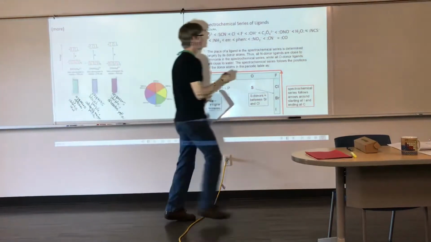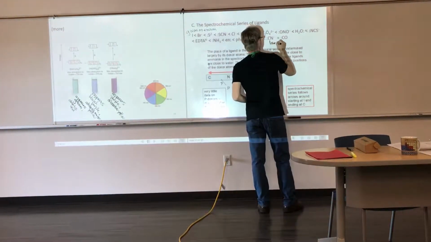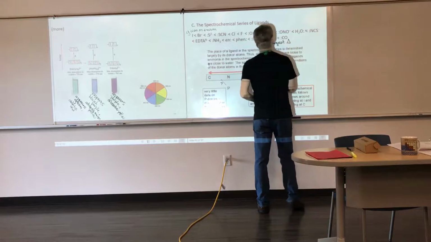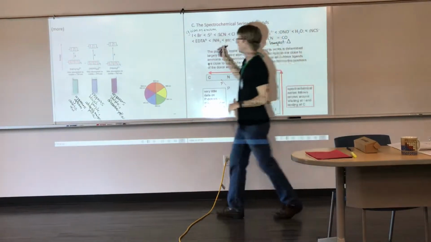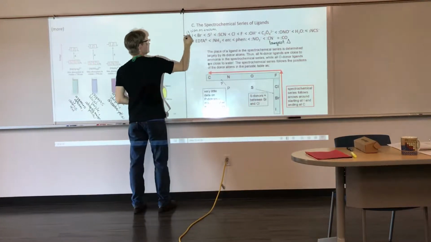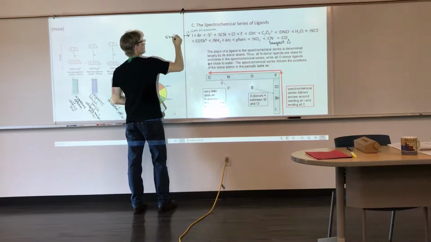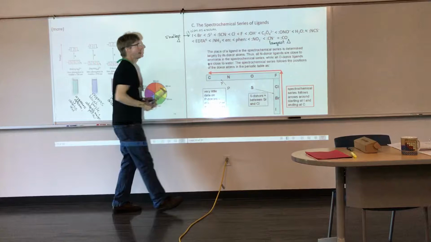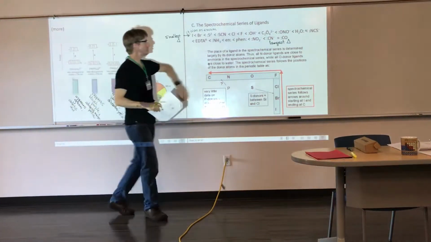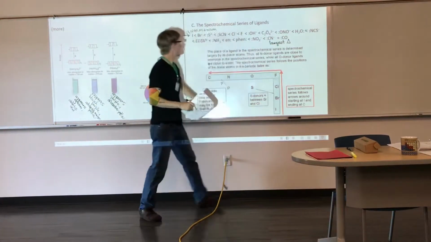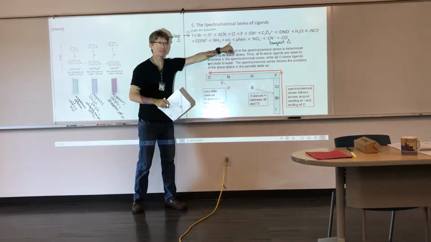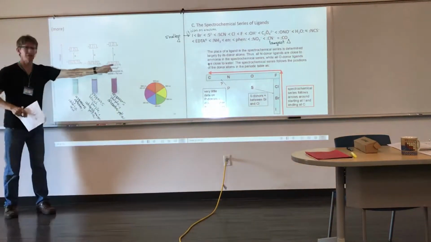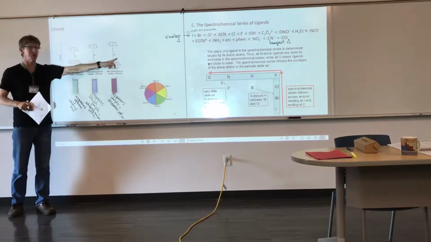So for carbon monoxide and cyanide, largest delta value, way down here, smallest delta. For example, as you move from water to ammonia to ethylene diamine, just like on the last slide, you should see a larger and larger delta.